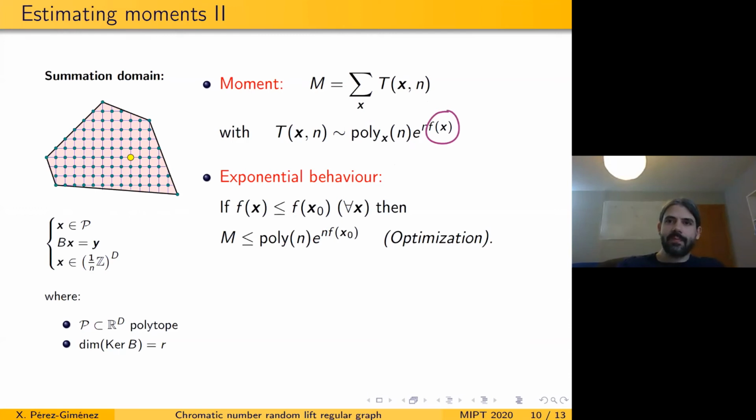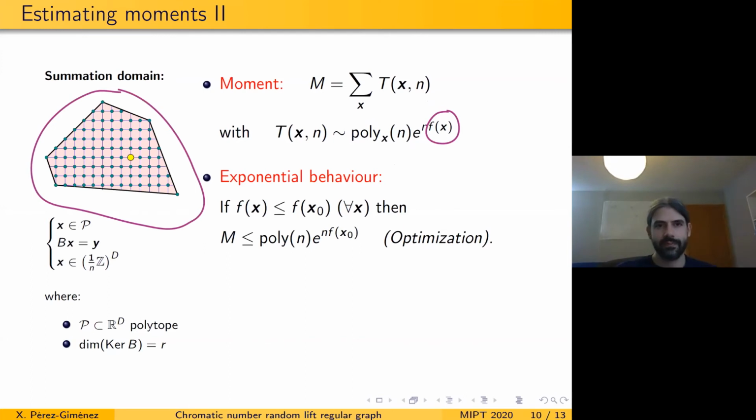So this is a function, like so. Now we're doing calculus. You can think of this as a function defined on a polytope, and suppose that you're able to optimize this function. It is not convex and not nice, but suppose that you can optimize it.